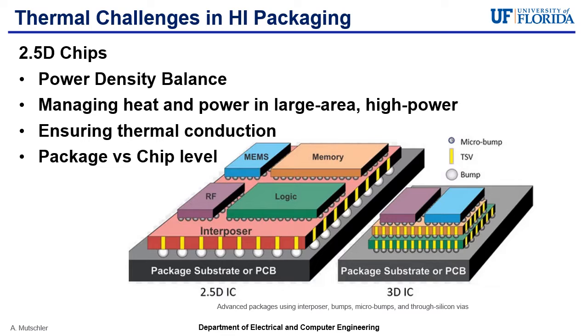Advanced packaging technologies use an interposer, often made of materials like silicon, glass, or organic substances, to facilitate connections between chips and the PCB board. The interposer itself can also contribute to the thermal management challenges, as seen in the figure on the right.